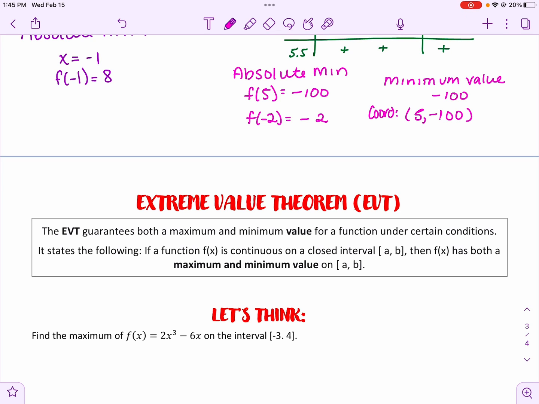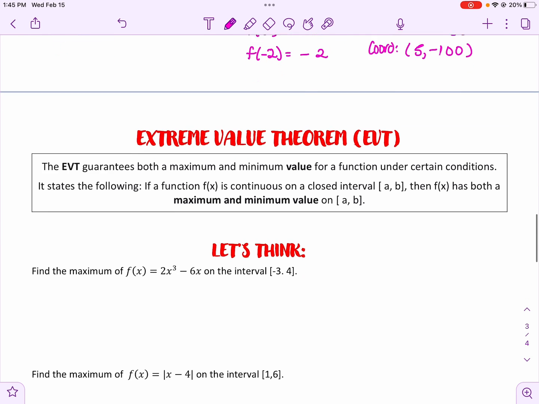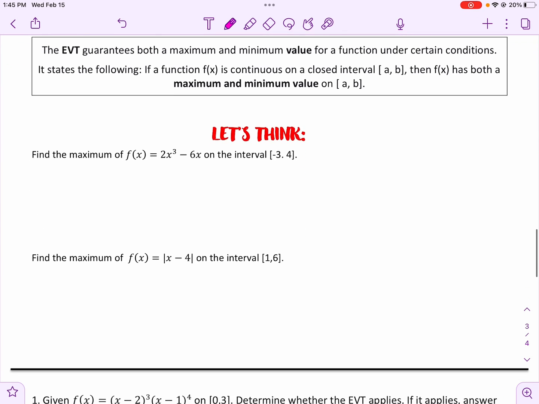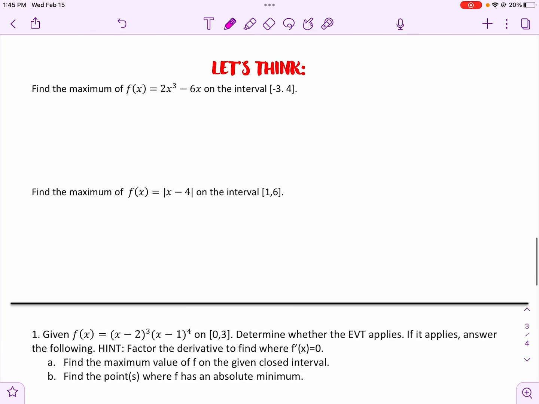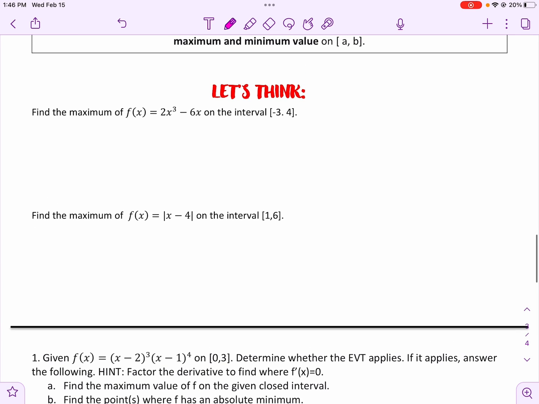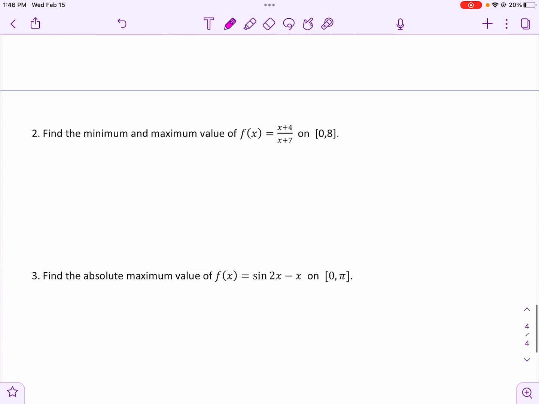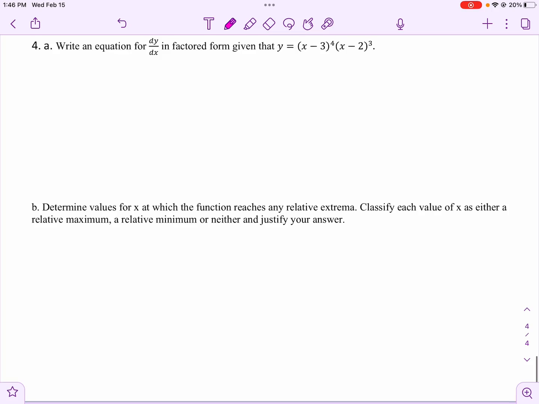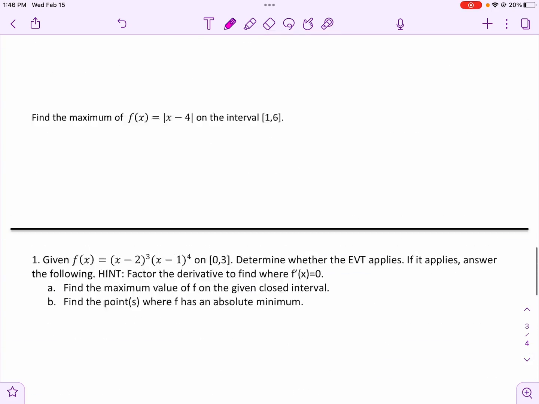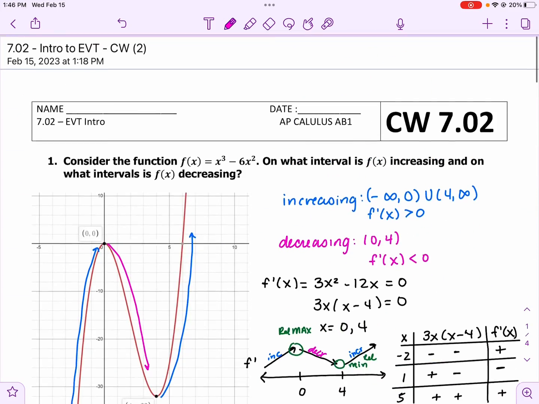So your job, guys, to wrap up for today is to continue on the next couple of examples. So you are looking at the EVT of finding the maximum on these two functions here. And then for questions 1, 2, 3, 4, you are working on those and submitting them as work. All right.